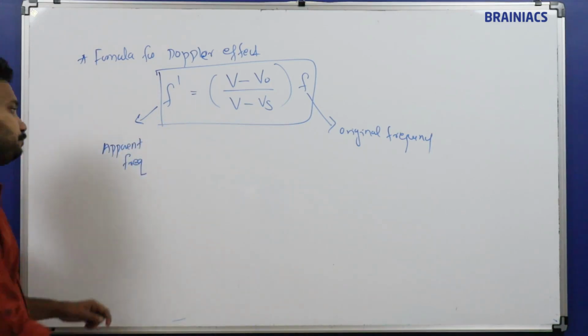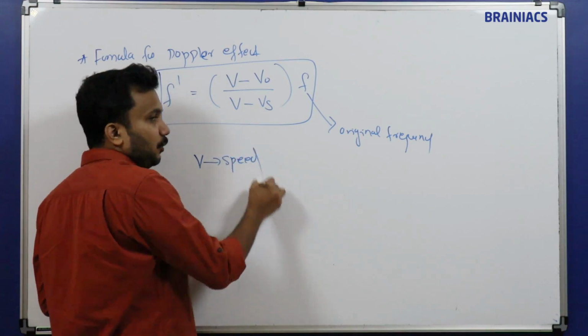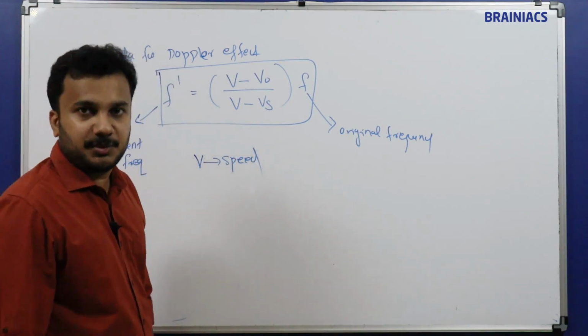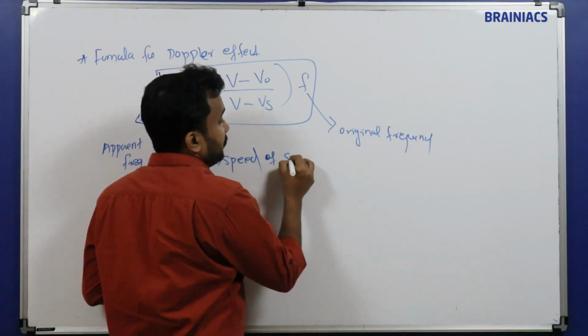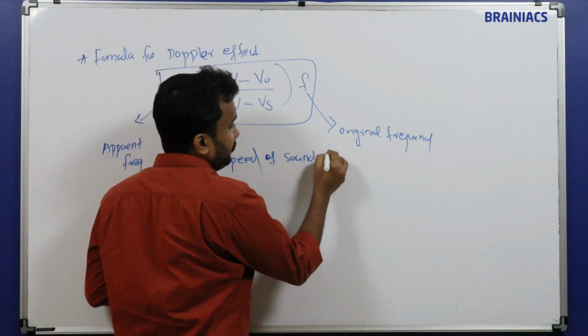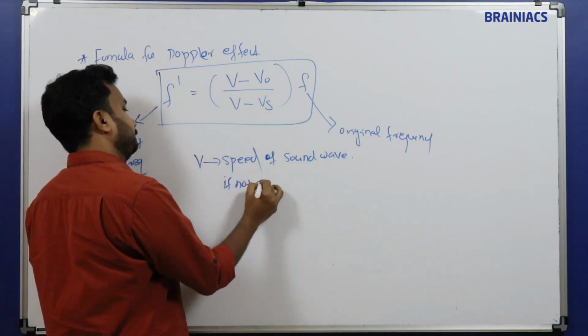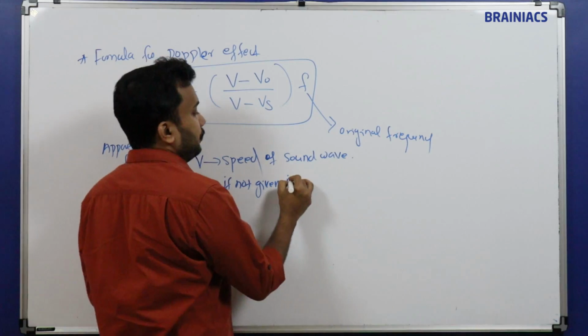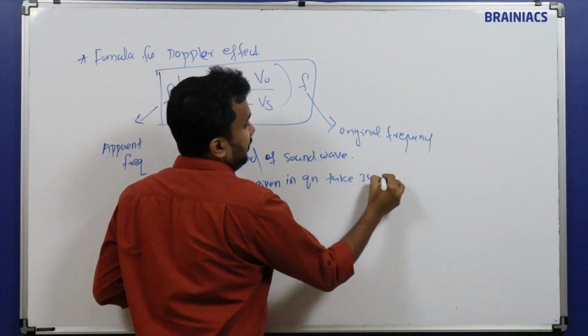V is the speed of sound in the normal case, but for any waves we can use the Doppler effect. If the speed of sound is not given in the question, take 340 meters per second.